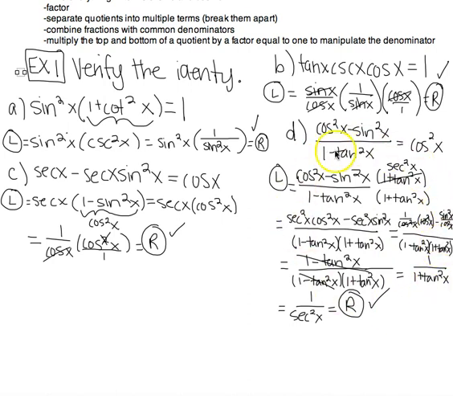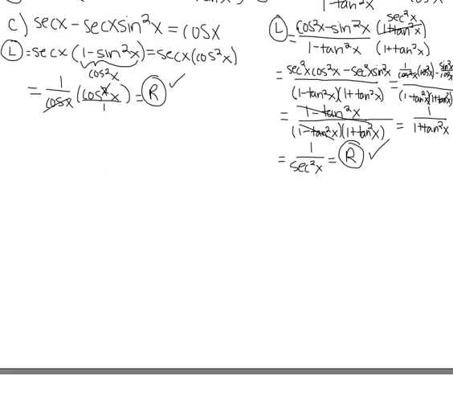Again, you can see much more work here. And as I said earlier, if you did a verification differently and you didn't make up your own identities, you used only the ones on the sheet, then that's fine. If you did it differently, you still got it to come out. That's great.